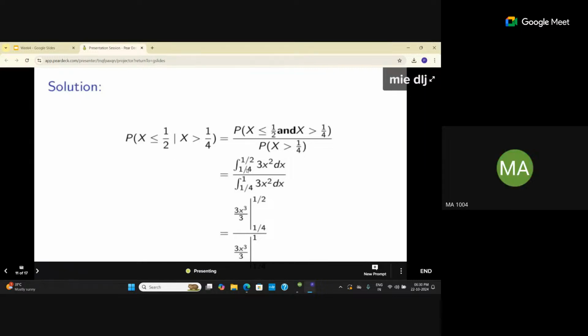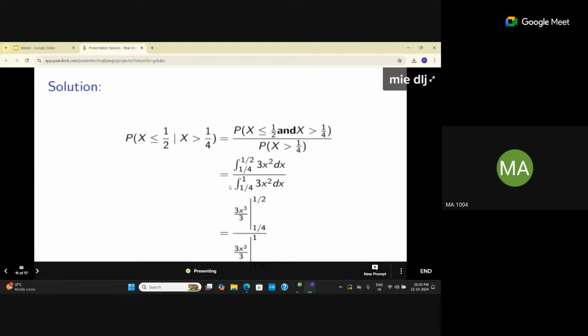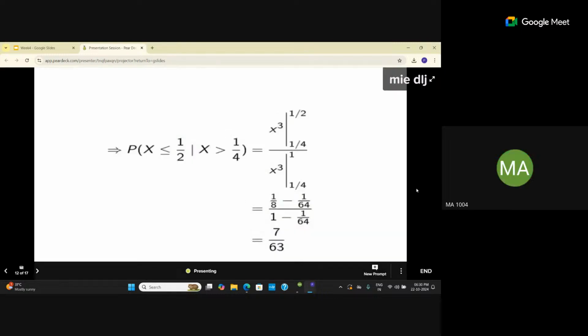So you have to integrate in this limit. Similarly for the denominator part, minimum is 1 by 4, and the maximum value that x is taking is 1 here, right? So the upper limit of the integral will be 1. Okay, so now you have to integrate it. So the answer will be 7 by 6, 1 by 9.